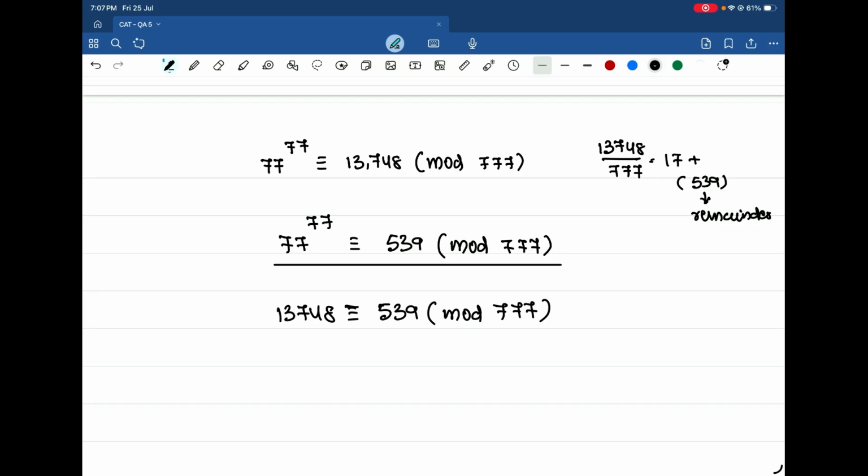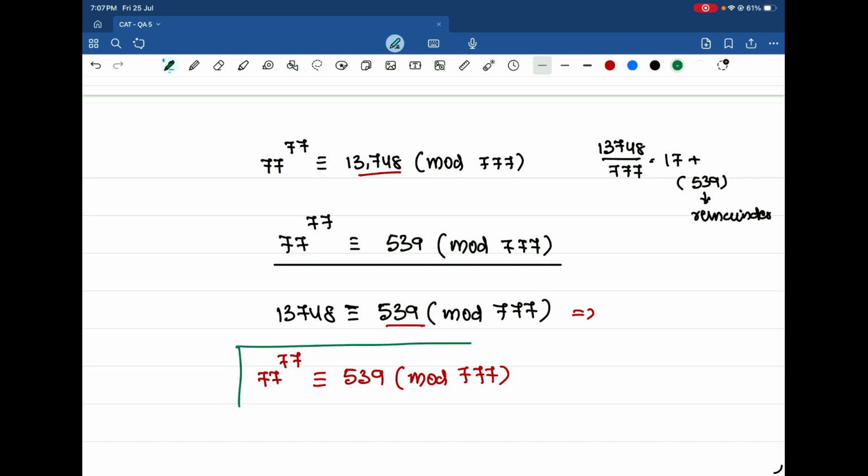Hence, this 13,748 is replaced by 539. That means 77 to the power of 77 is equivalent to 539 mod 777. This is the answer.